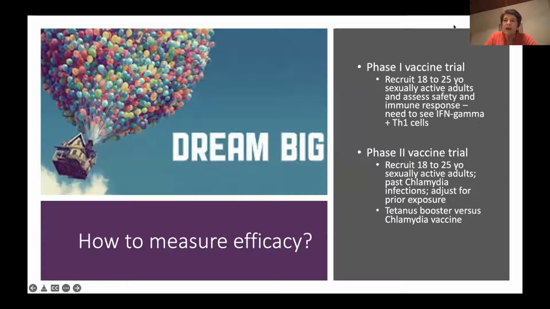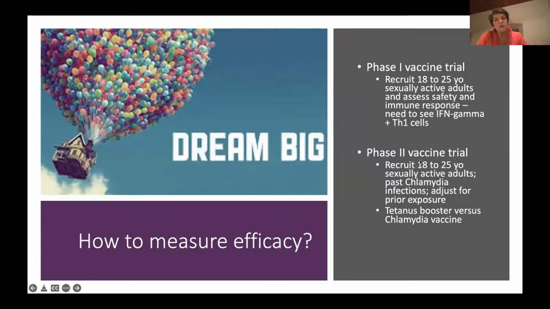So for chlamydia, for a phase 1 vaccine trial, you're basically looking for safety. You want to make sure your vaccine is safe in people and that it's going to drive the response that you want to see. So you recruit a bunch of 18 to 25-year-old sexually active adults and assess the safety and the immune response. And you want to look for these interferon gamma producing cells to your vaccine.